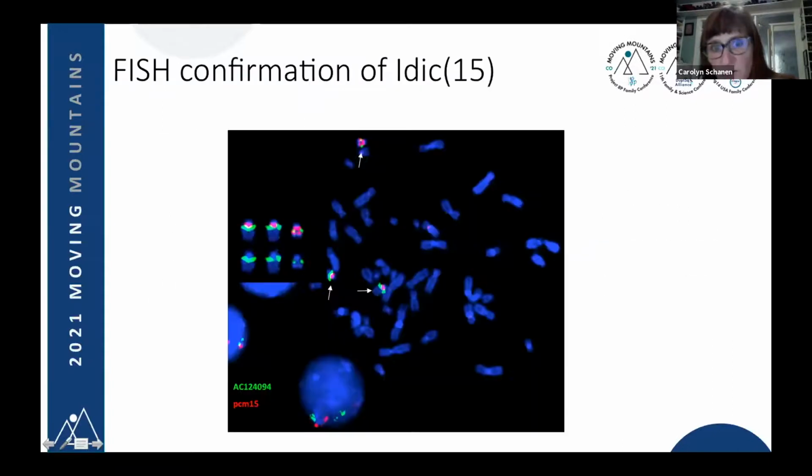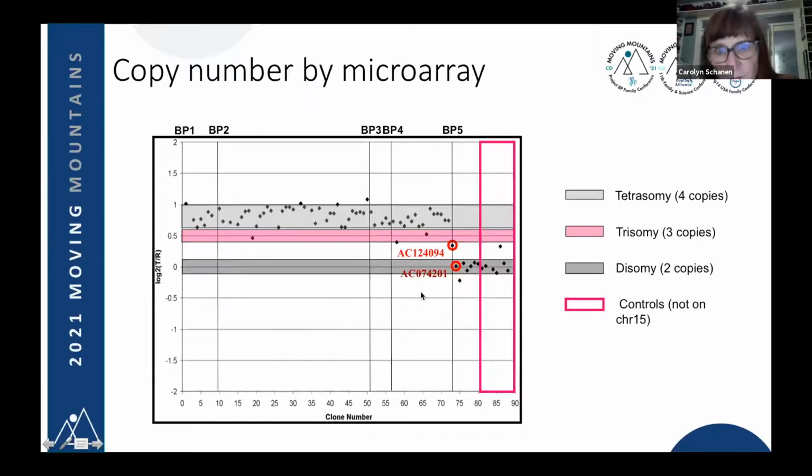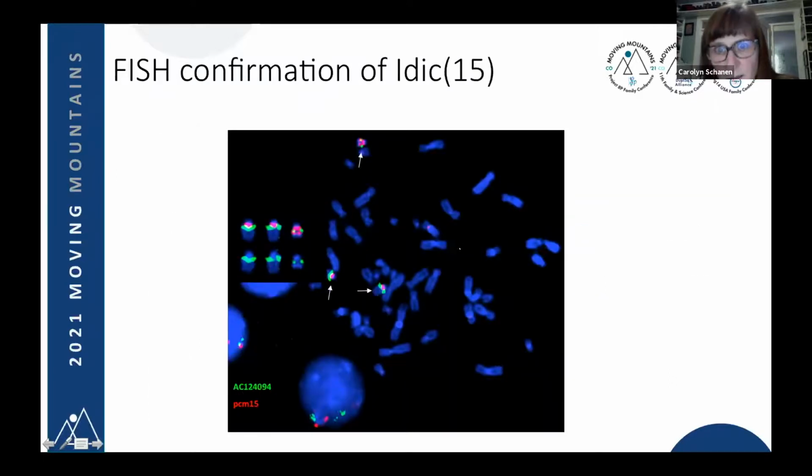And then to confirm that, we did what I was saying should be the next test, which would be chromosomes with FISH. And so here's the chromosomes spread out. FISH is something called fluorescence in situ hybridization, which is what that stands for. And what you do is you take a little piece of DNA, which from this one, we took that piece of DNA that matched right there, and we fluorescently labeled it green, and you make it stick to the chromosomes.